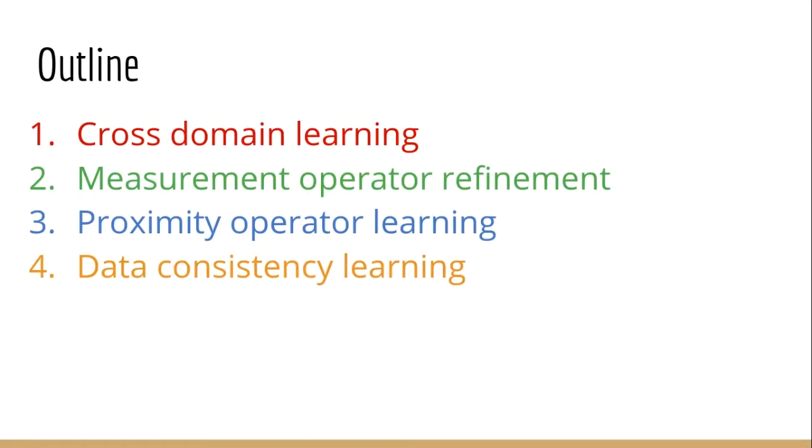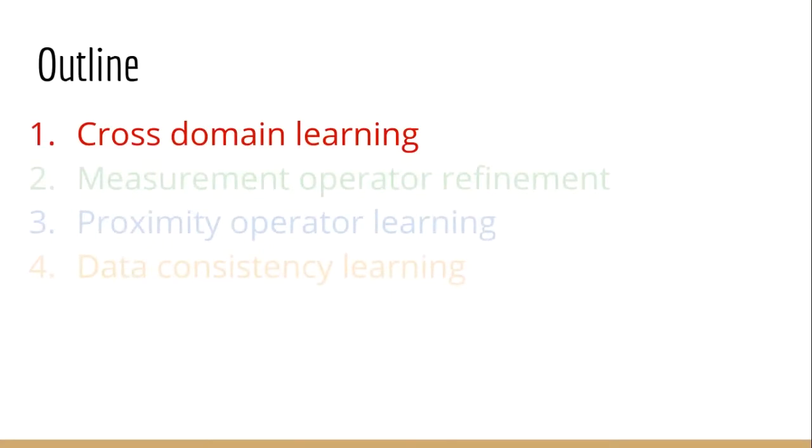We're then going to see how we can learn the proximity operator of the prior term. And finally, how we could go about trying to learn the data consistency, which in turn means learning the noise model.